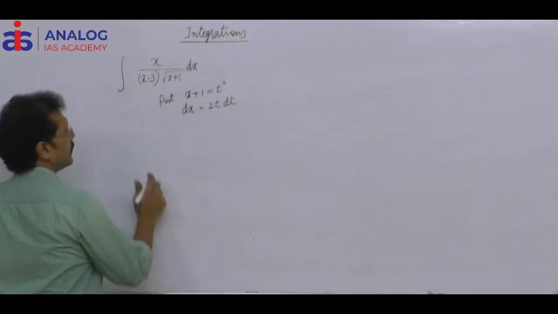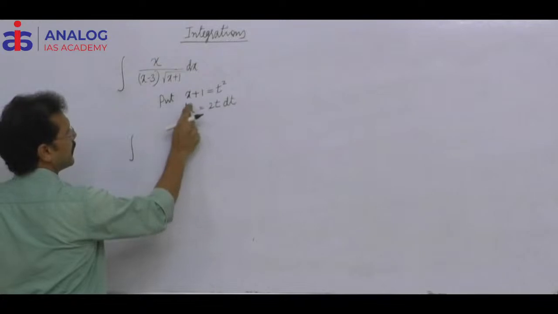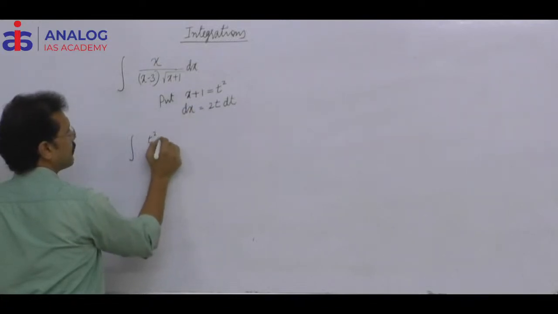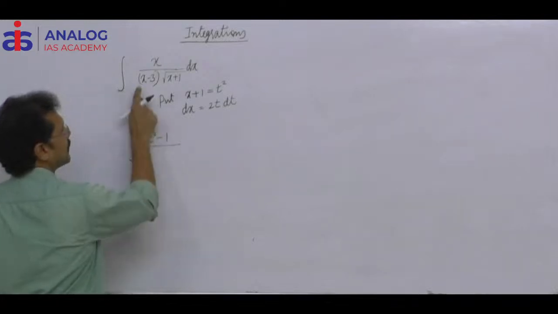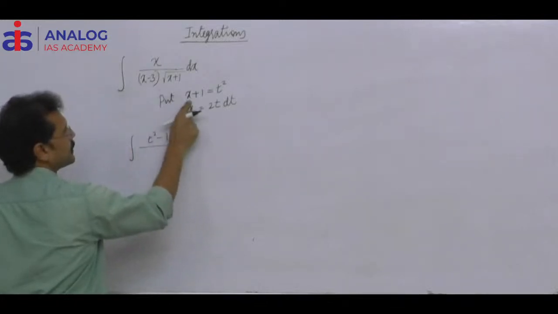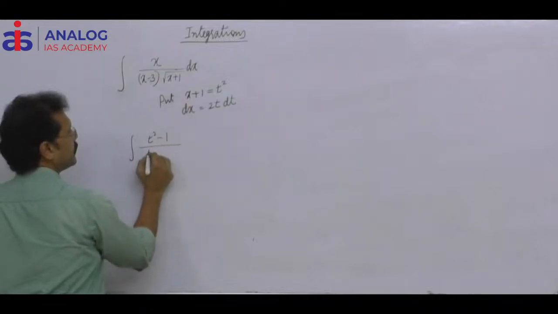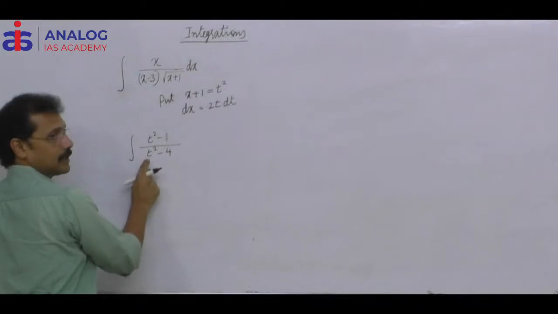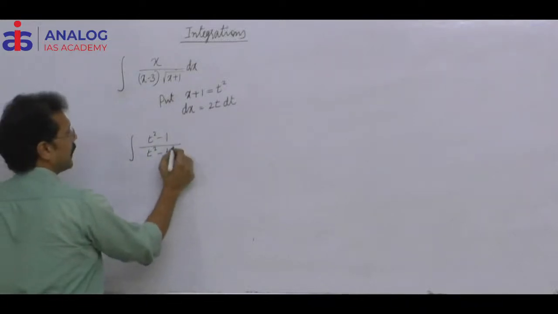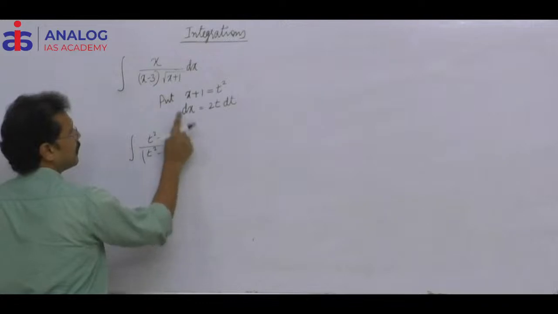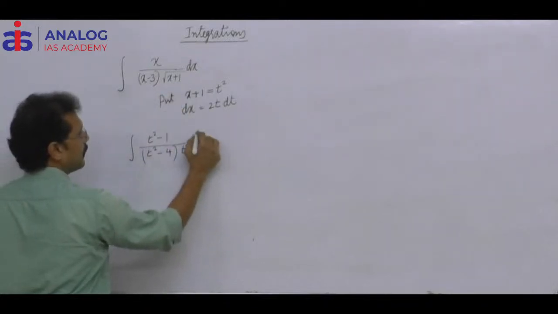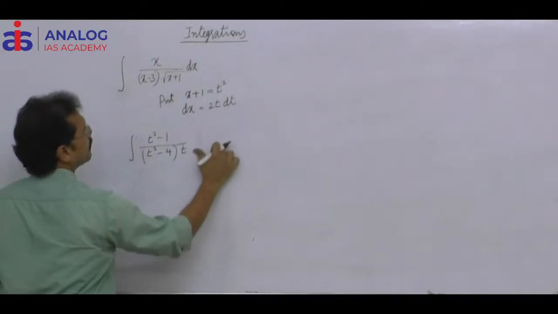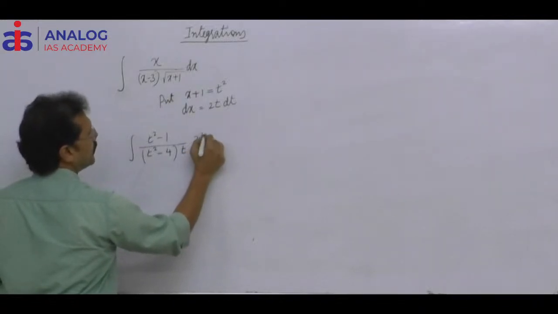Okay? So our integral becomes x is t square minus 1 divided by x minus 3. X minus 3 is what? t square minus 4, because t square is x plus 1, minus 4 is minus 3, and then root of x plus 1 in t square becomes t, and dx equal to 2t dt.